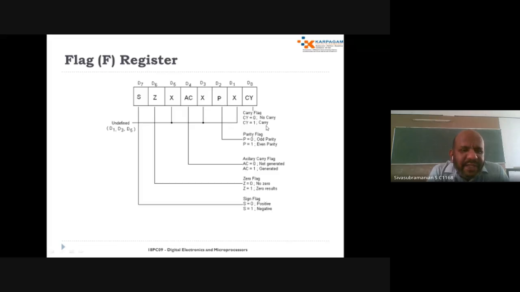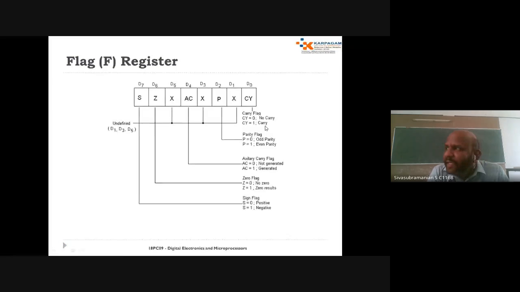When the result has a carry or a borrow, then your carry flag CY will be equal to 1. Okay. When the result has no carry, then CY will be equal to 0. D0 will be equal to 0. Is that clear? What are your sign flag, zero flag and carry flag?